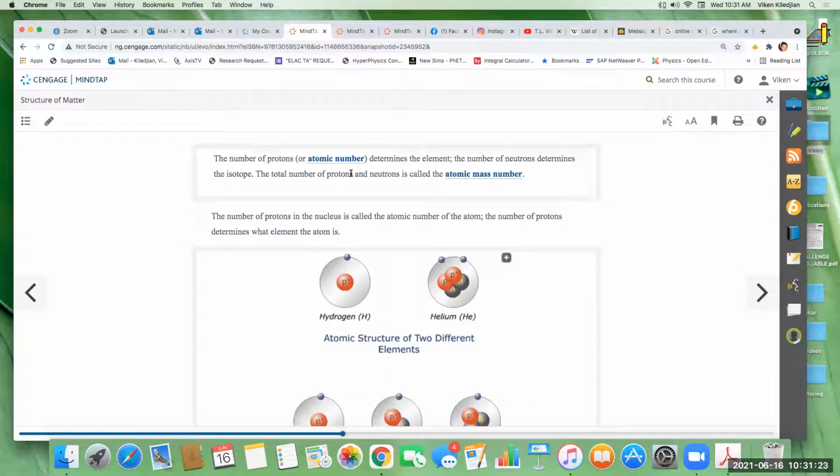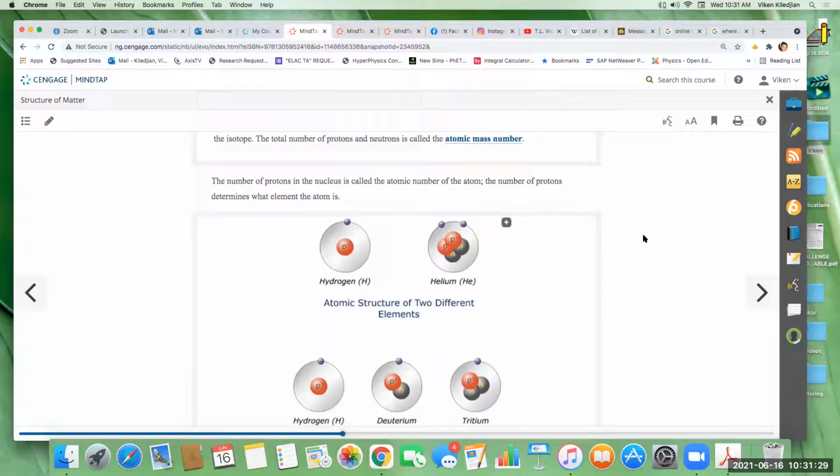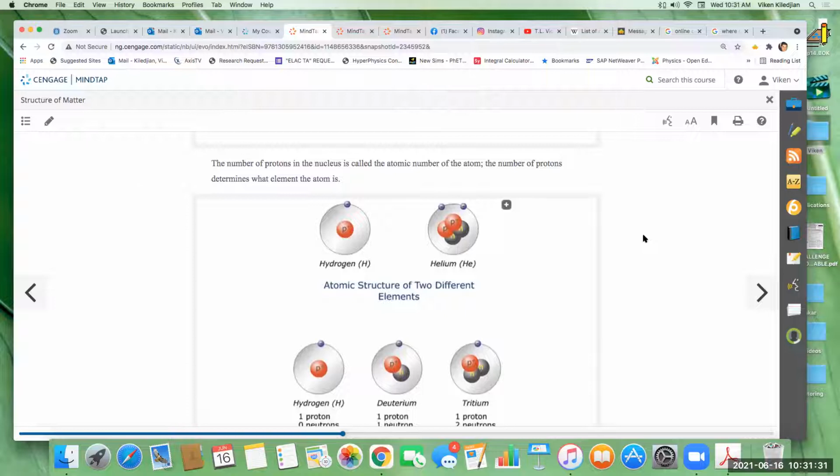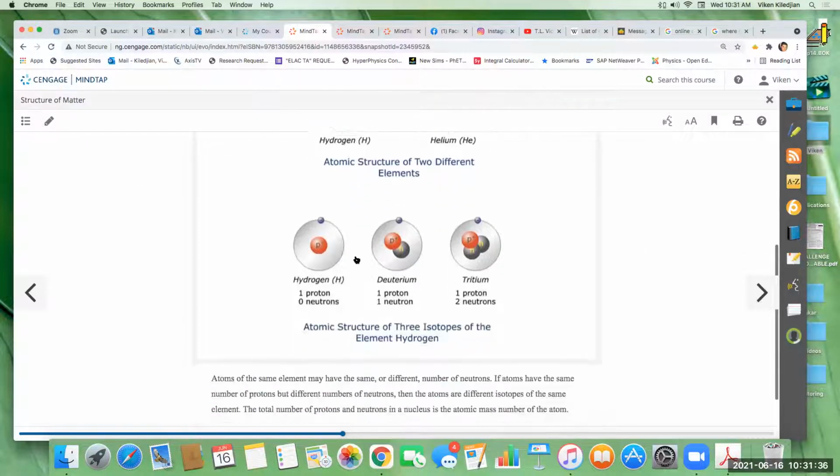So it says here the total number of protons and neutrons is called the atomic mass number. This lab has a lot of concepts, all just meshed into one. So we have here hydrogen, which is the regular hydrogen, deuterium, which is a proton and an extra neutron stuck in there, and then 1 electron.